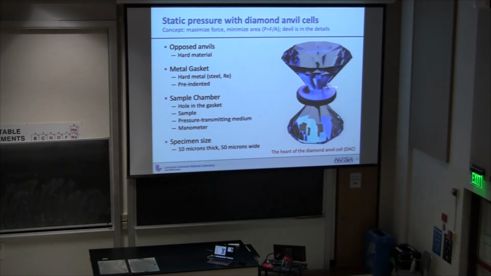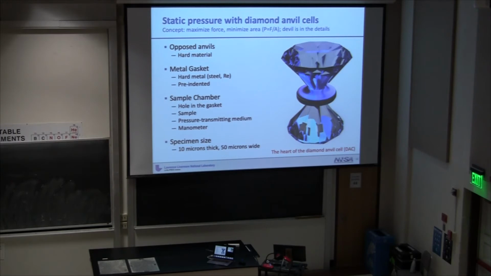It's that the working area that we're going to use inside is now 100 microns in diameter and 40 microns tall, whereas with the clamp cell, we're millimeters on a side and multiple millimeters tall. That means we need centimeters of material on the outside to hold that pressure. So the real trick of the diamond anvil cell is the A part, the area. I'm taking A and making it very small, which allows me to generate high pressure.